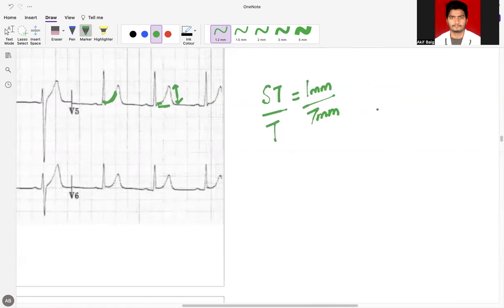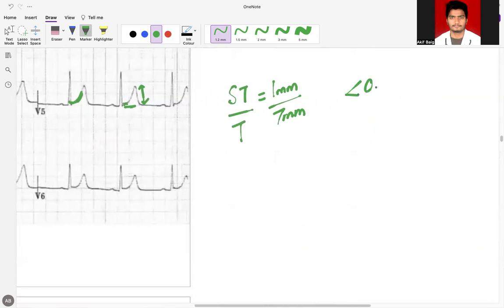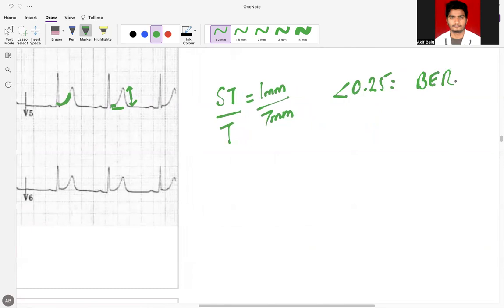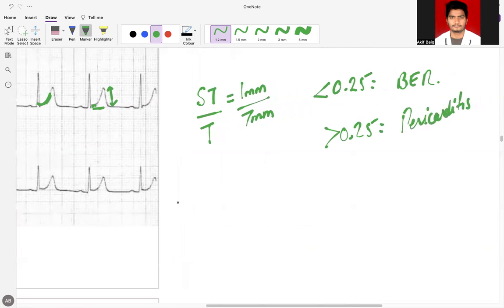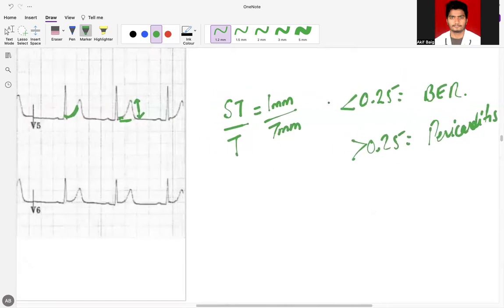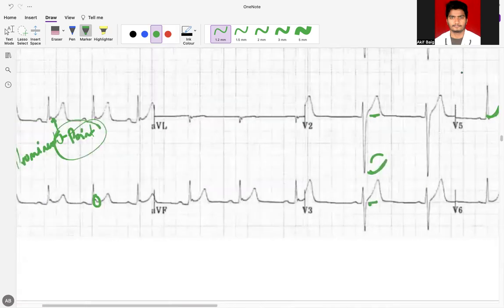When you divide, if the ratio is less than 0.25, it is benign early repolarization. If it is more than 0.25, it is suggestive of pericarditis. This is an important criterion. Here 1 by 7 is less than 0.25, so this fits benign early repolarization.